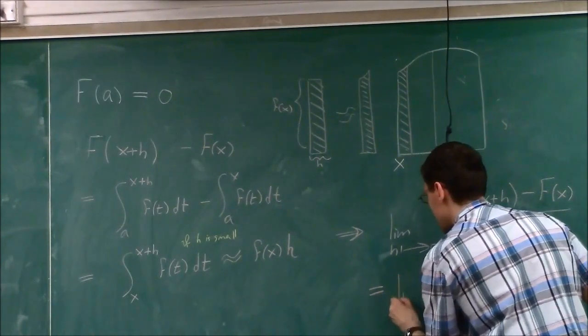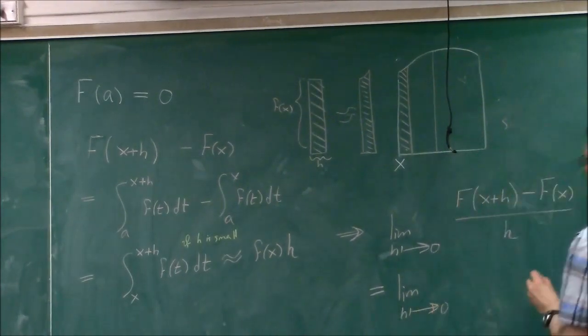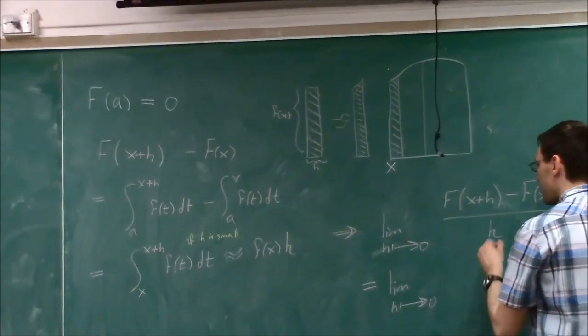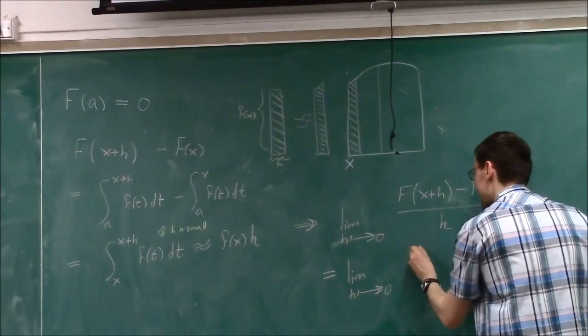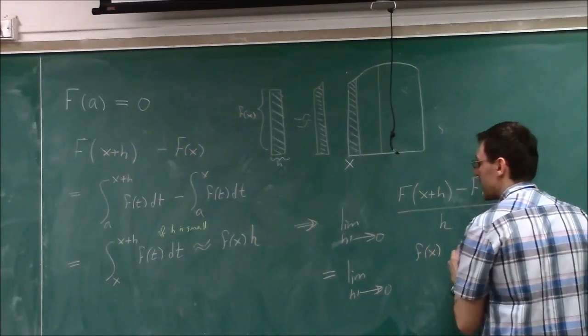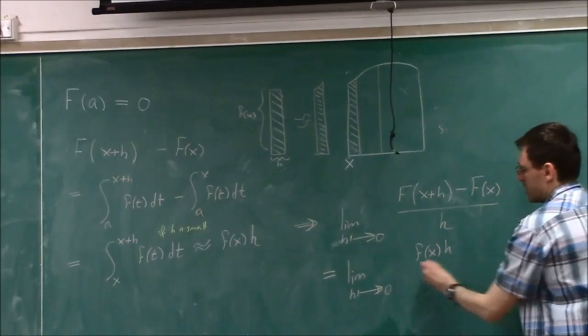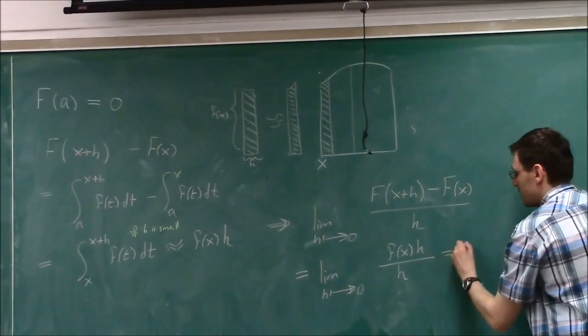This is going to be the same as the limit as h goes to 0 of f of x times h divided by h, which is f of x.